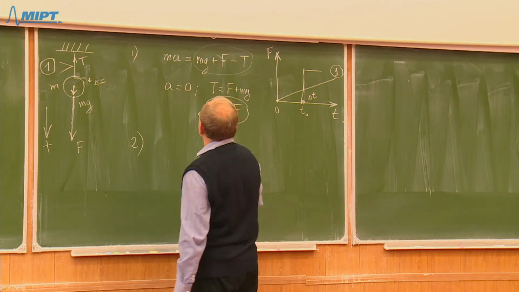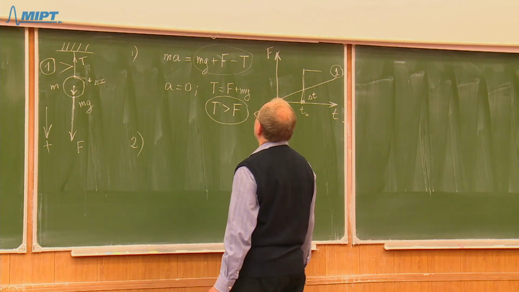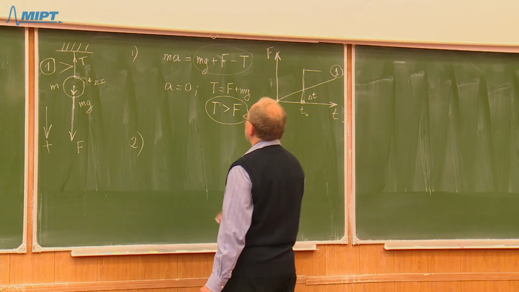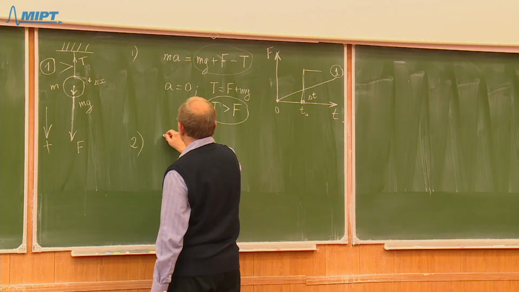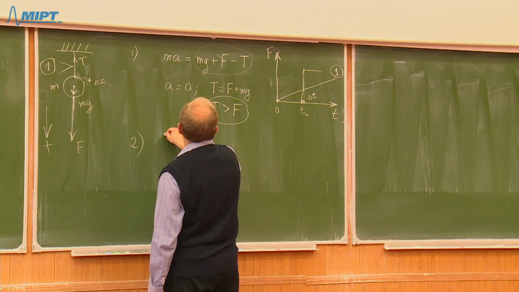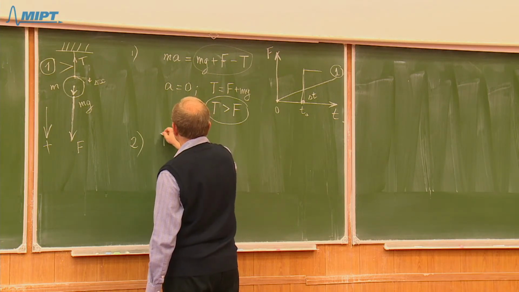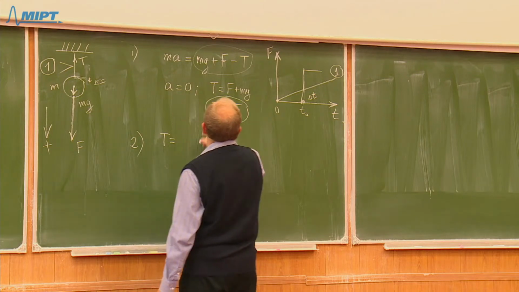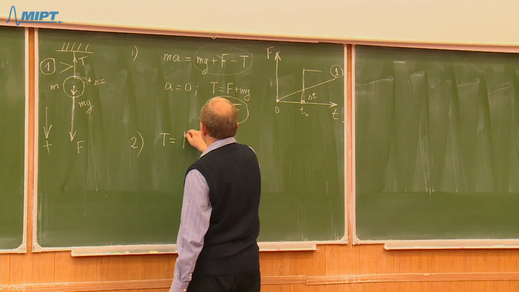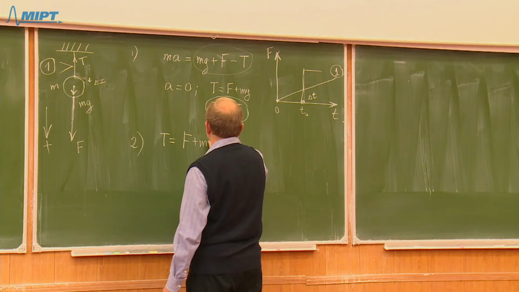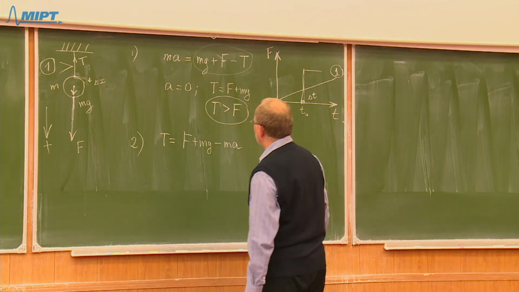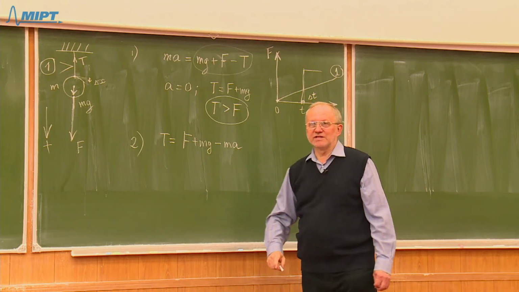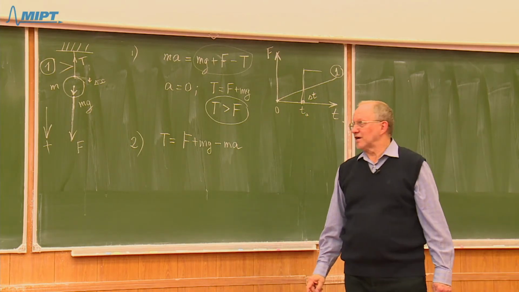If acceleration is not 0, then we may conclude from the first equation here that the force T equals F plus mg minus ma. Now acceleration a cannot be neglected. It may be large.